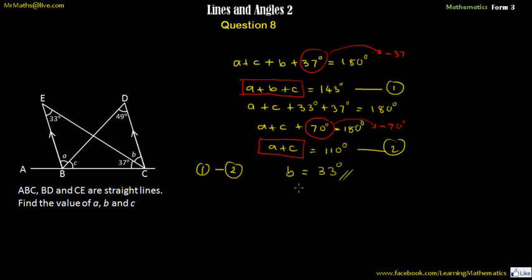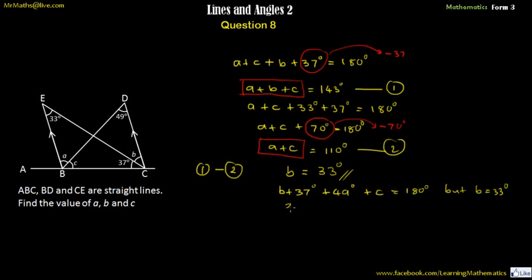Okay, now next piece of information, the triangle BDC. The total of the 3 angles in this triangle is also 180 degrees. Then B plus 37, which is this one, plus 49 degrees, which is that one, plus C, which is this one, is equal to 180 degrees. But B is 33 degrees.